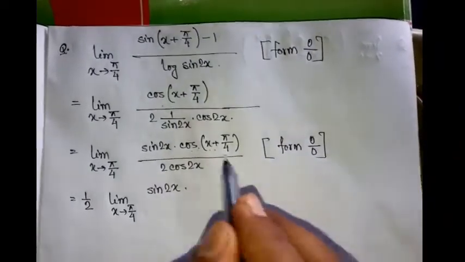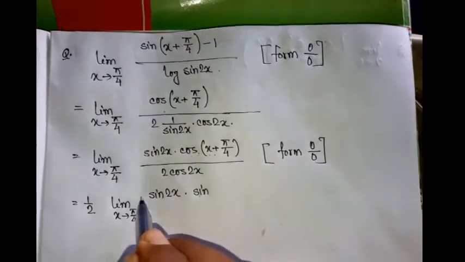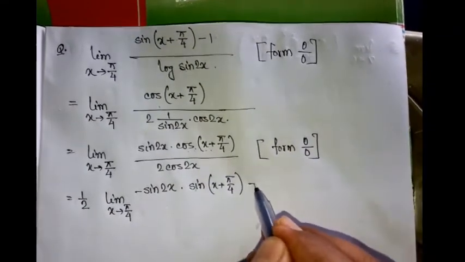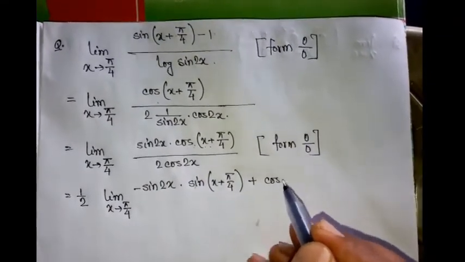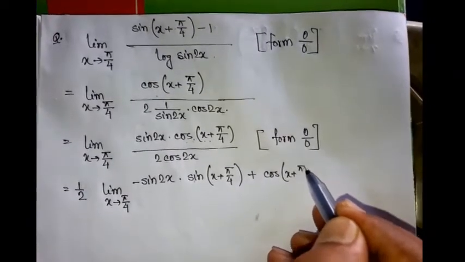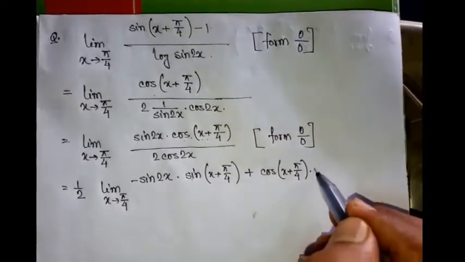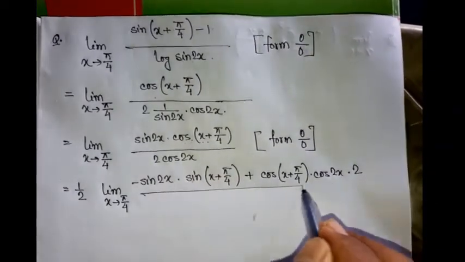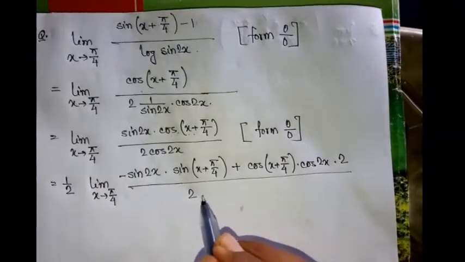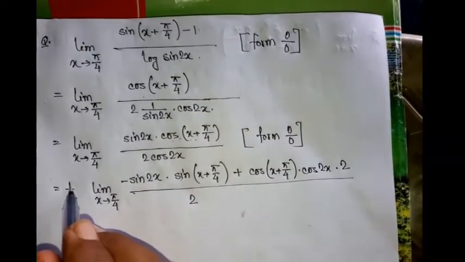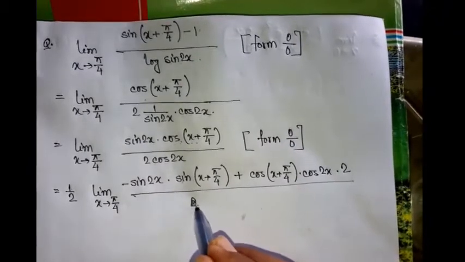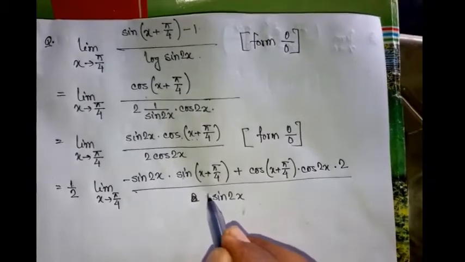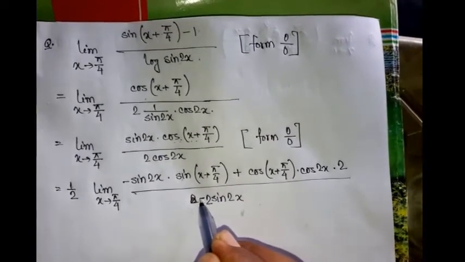So sin 2x fixed, derivative of cos is minus sin, definitely, of (x plus pi by 4), and if we keep cos of (x plus pi by 4) fixed, then derivative of sin 2x is cos 2x into 2, by, in denominator it will be, already 2 I have taken outside, so derivative of cos 2x is minus sin 2x into 2, so minus this.